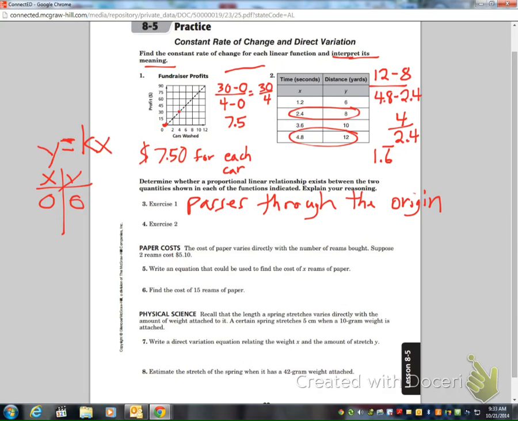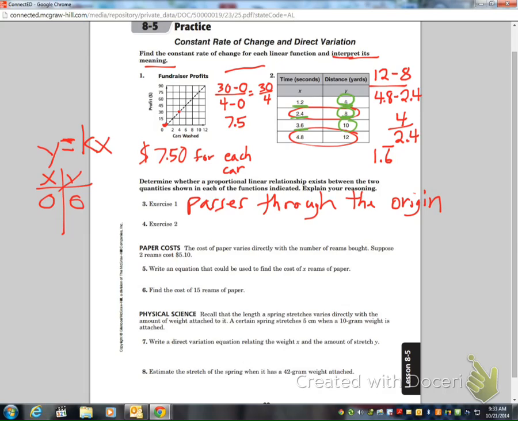So what do we know about a direct variation equation? Y equals something times x, and it's the same something for each one. So that means the y value 6 should equal some constant times 1.2, right? And the y value 8 should equal that same constant times 2.4, and the y value 10 should equal that same constant times 3.6, right?